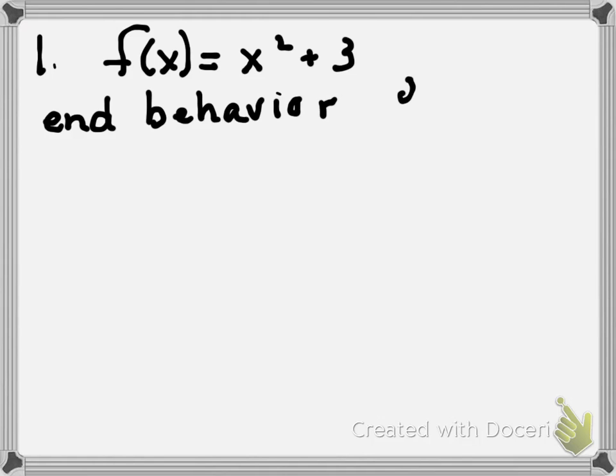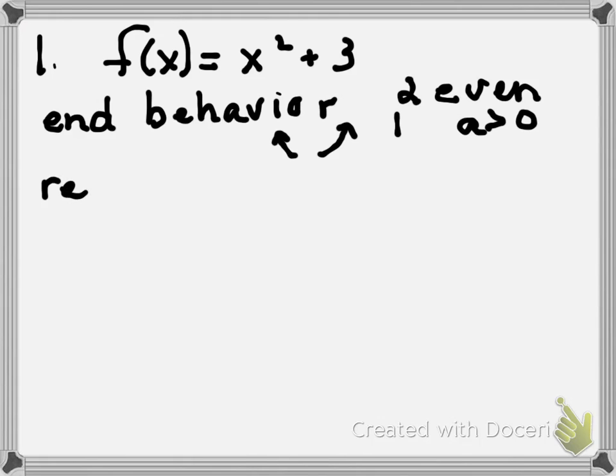So we have 2 is even, the n value. The leading coefficient 1 is greater than 0. Then I know that the end behavior is going to rise to the right and left. So at least I want to think about that first.